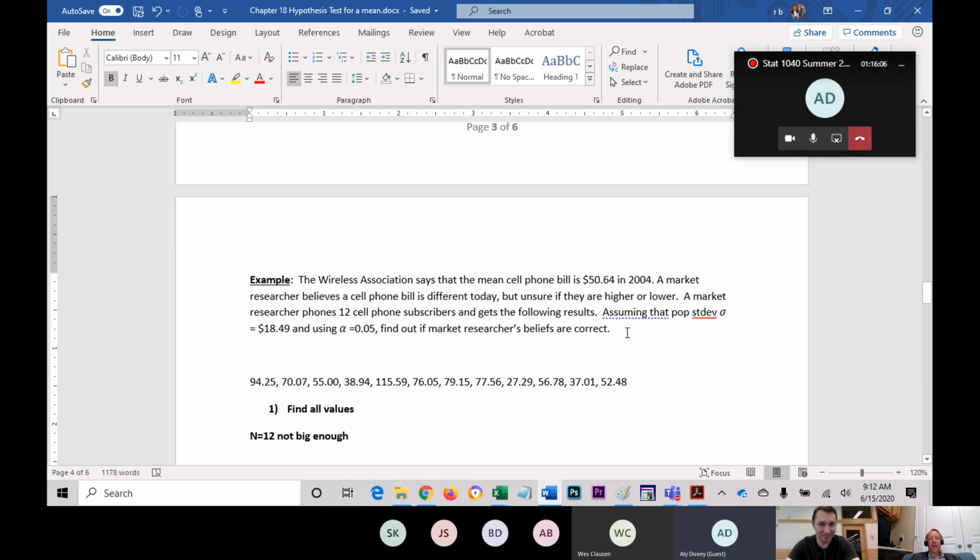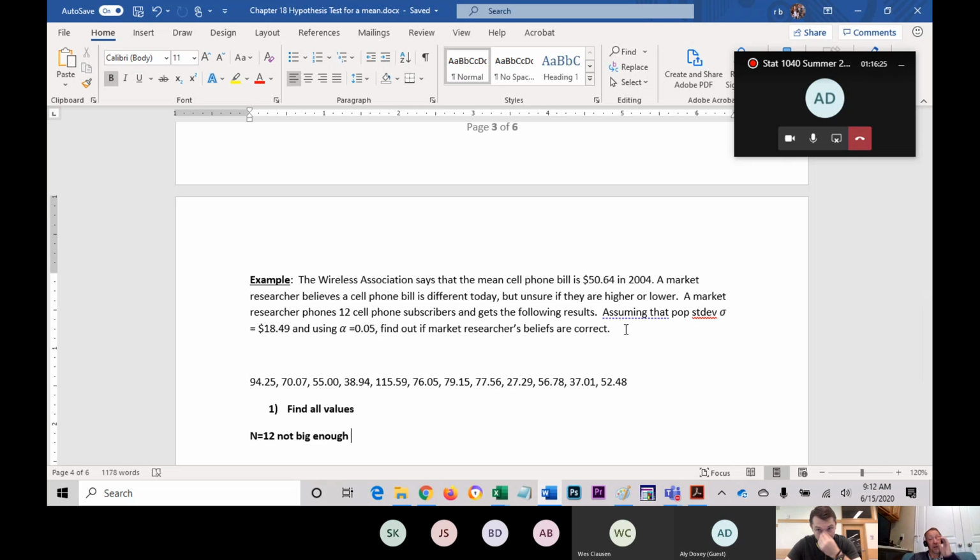So here's the tricky thing. Does it say anywhere here that it's known to be a normal distribution? No. So this one's not big enough. But if it said it was normally distributed, would it be okay to use 12? Yes.